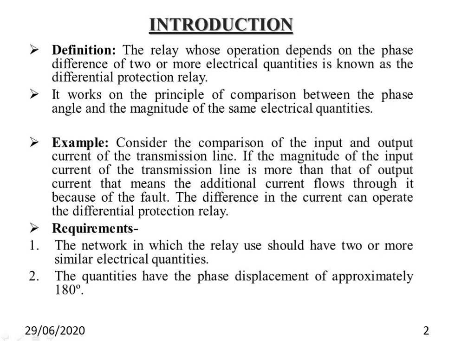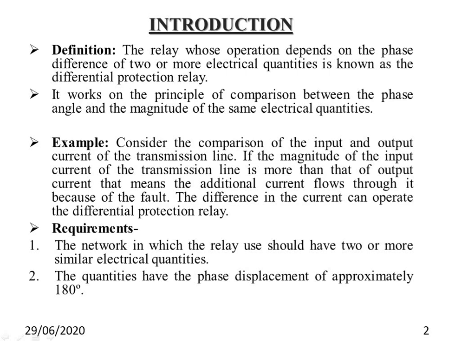The relay whose operation depends on the phase difference of two or more electrical quantities is known as the differential protection relay. Actually, it works on the principle of comparison between the phase angle and the magnitude of the same electrical quantities. That means it is based on the phase comparator as well as the amplitude comparator.